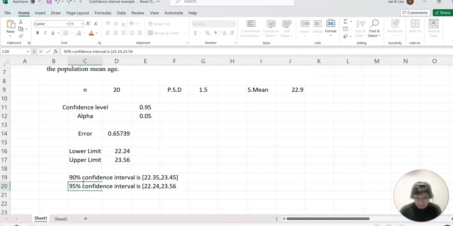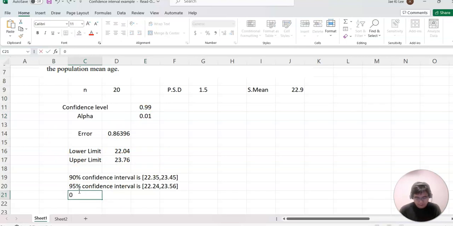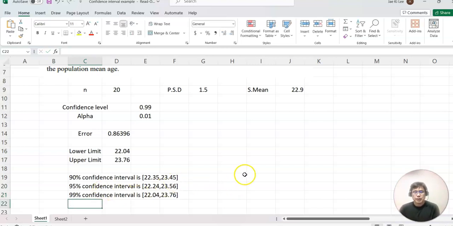That's the answer. Then for 99%, you only change this one too, so 0.99. Then everything switches here, so the 99% confidence interval is 22.04 comma 23.76.